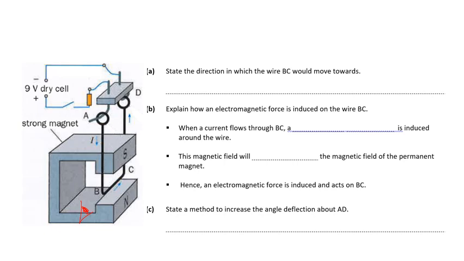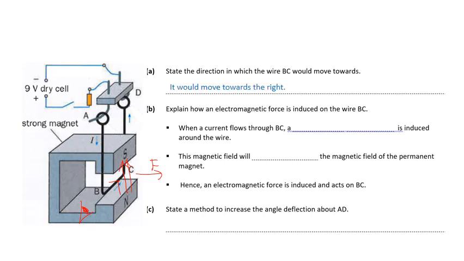You can see the current is from B to C, so our middle finger must be pointing away from us. The magnetic field is from north to south, so it points upwards, so your index finger is pointing up, middle finger away, and your thumb must be pointing towards the right. That means the wire would swing towards the right.